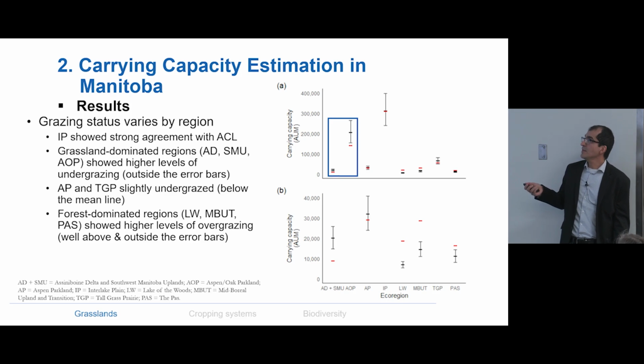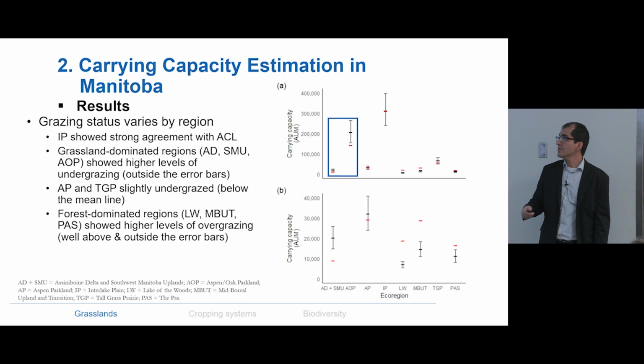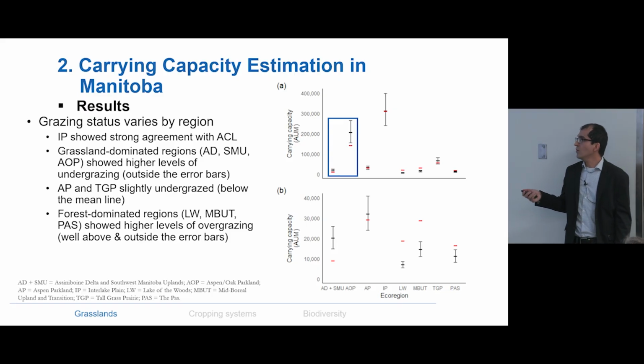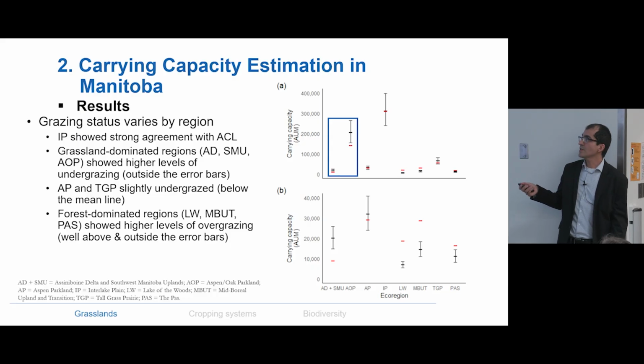As you can see, the province shows that we are underutilizing the resource because we have more unused capacity here. So this gap could be bridged if we bring this line up to here. So there's potentially more carrying capacity to be utilized. There's also this one on the Assiniboine Delta, but this one, as you can see, does not have as much carrying capacity available as compared to the first two regions.